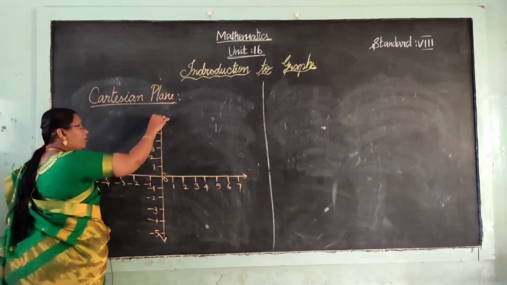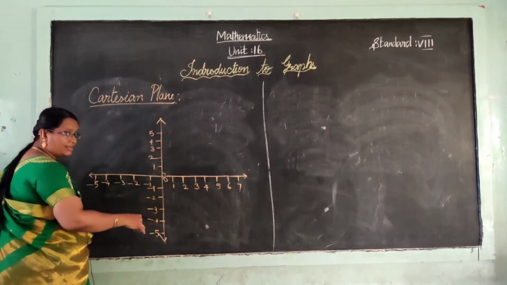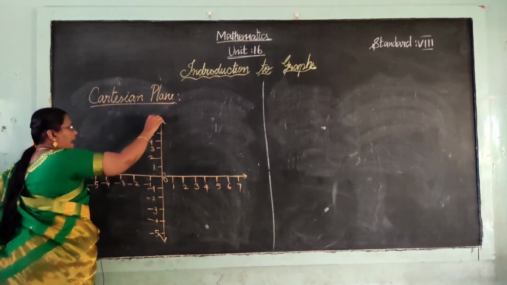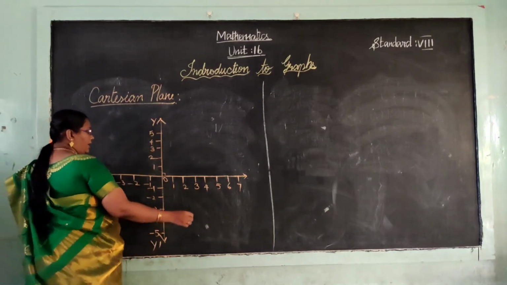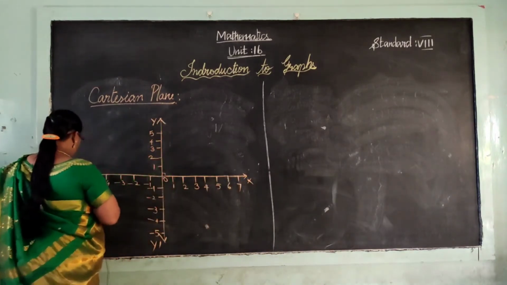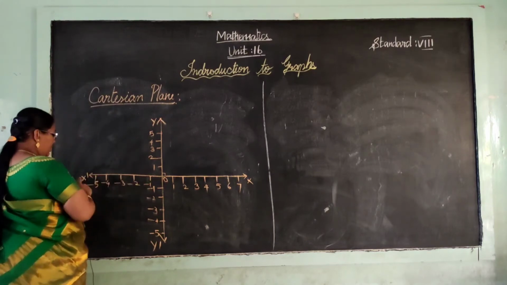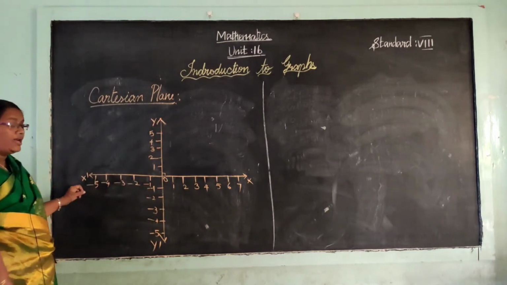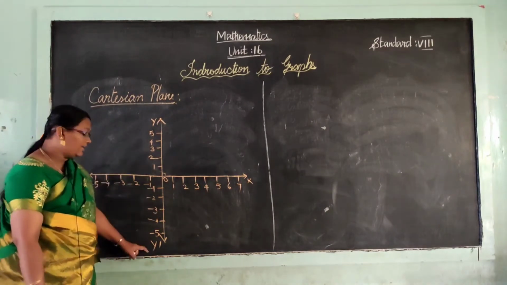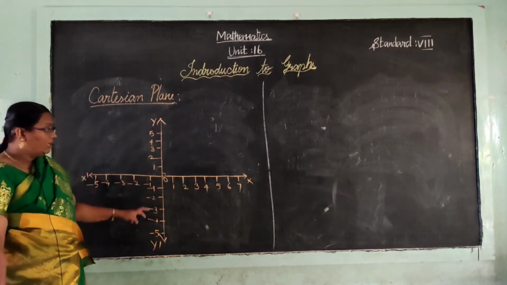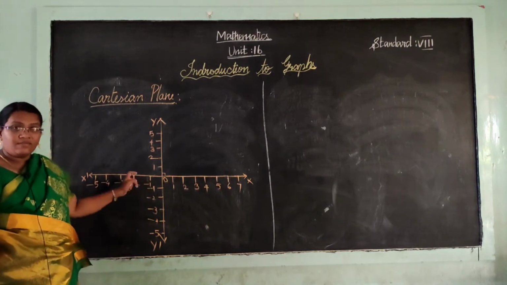Only the dark lines you draw as the axes. The horizontal axis is called X dash, the X axis, and Y dash is the Y axis, the vertical axis.